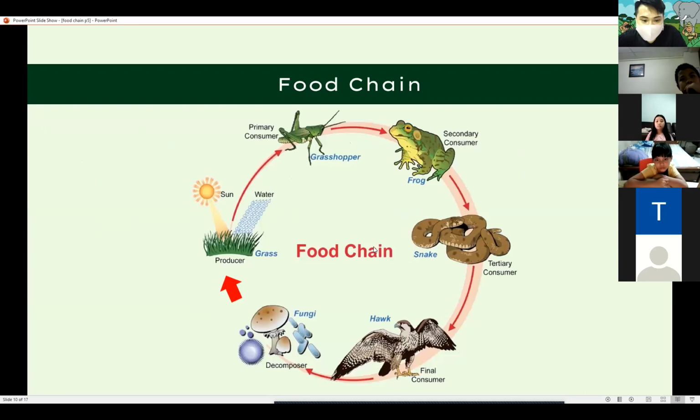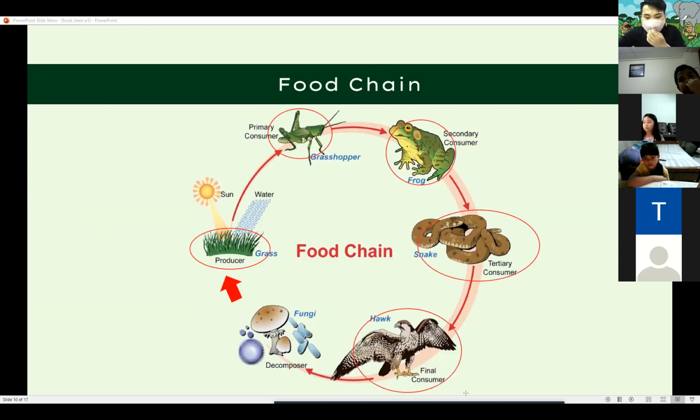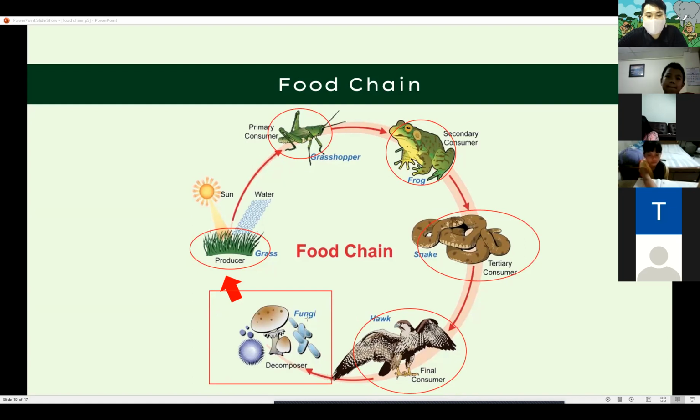If you look at this picture, again, we have the producer, the primary, the secondary, tertiary, and the apex. Right? Yes or no? Yes. Okay. But the last of the food chain is this one.